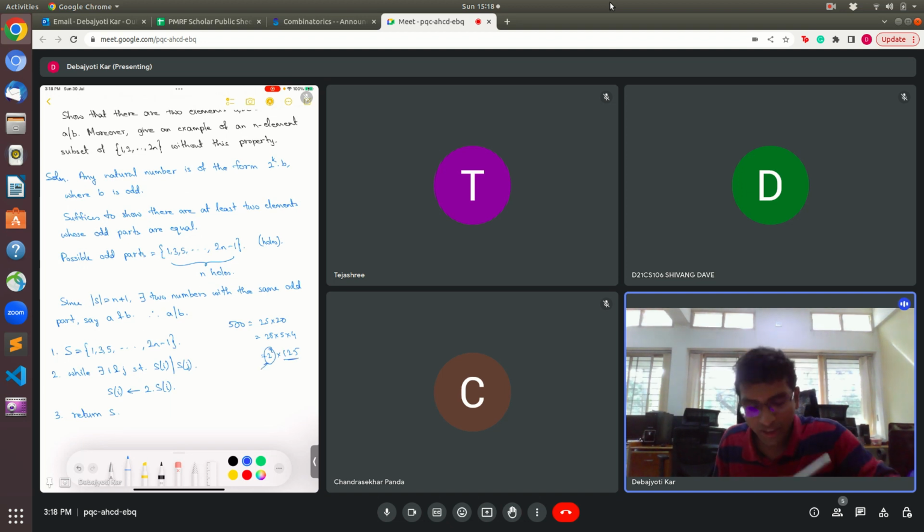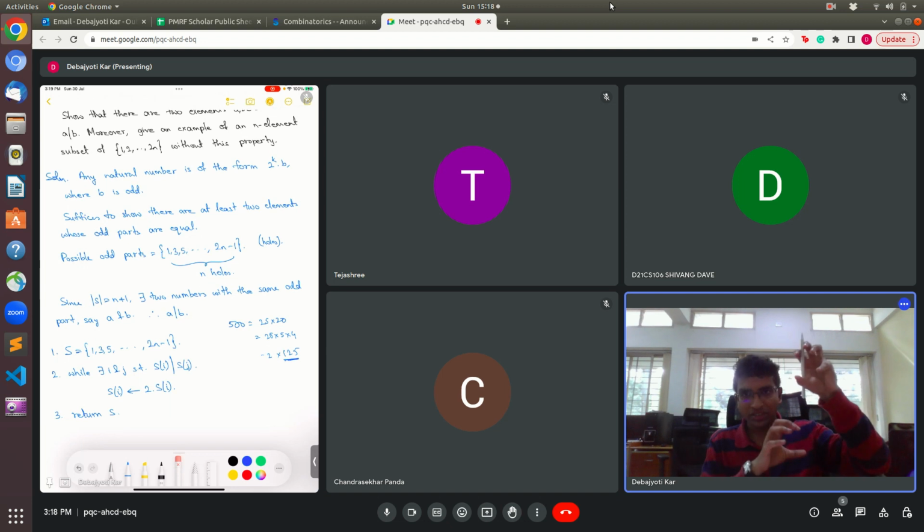So here 2 squared is the even part of 500 and 125 is the odd part of 500, right? So we are just considering the maximum power of 2 which divides the number. Any number can be split into 2 to the power that thing times the remaining part, which has to be an odd number, right?